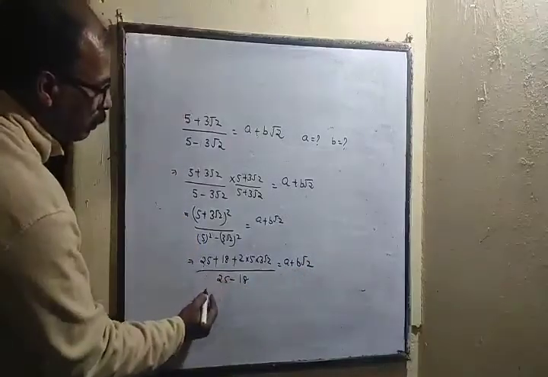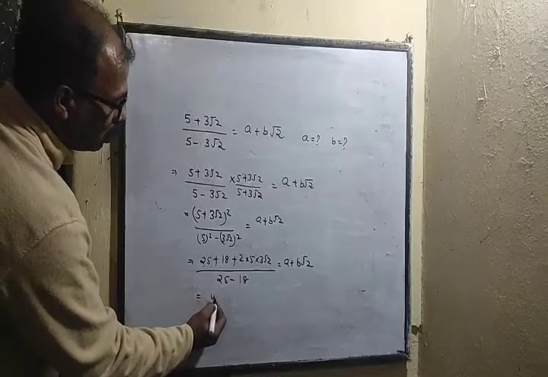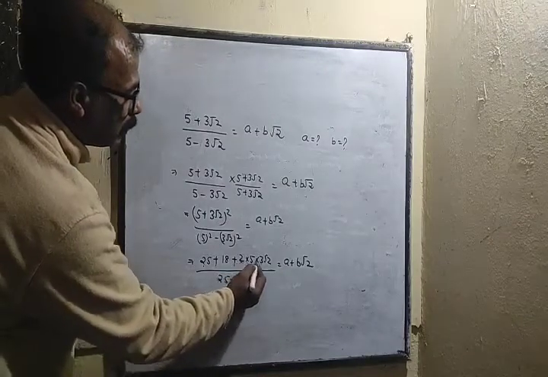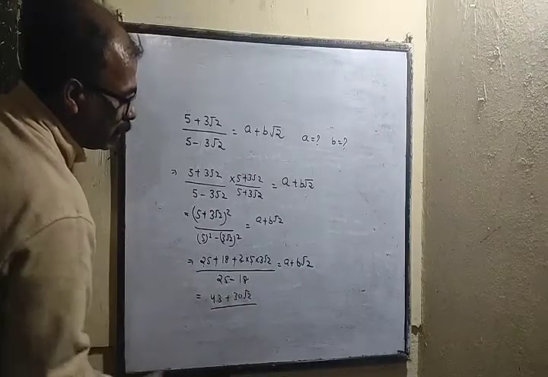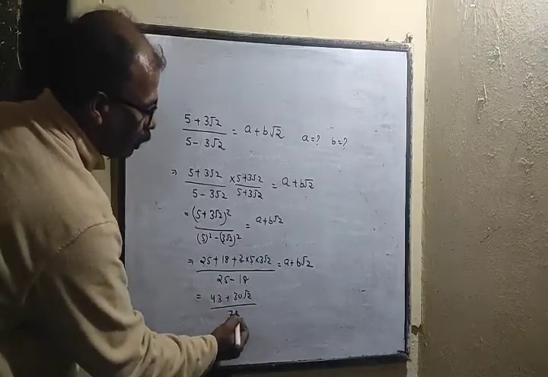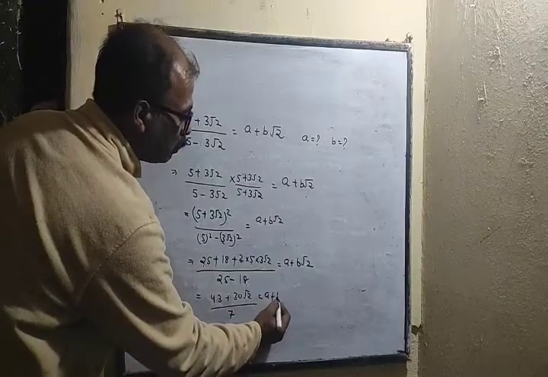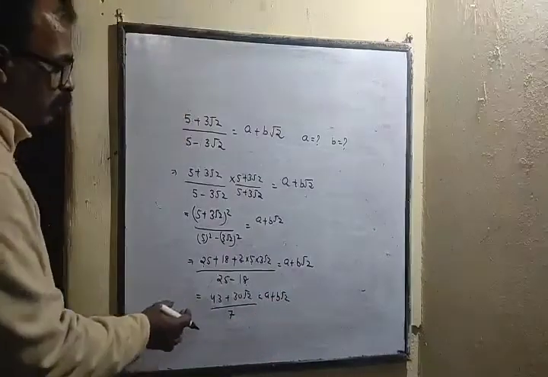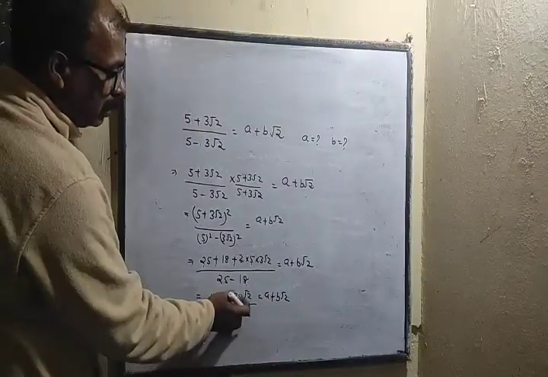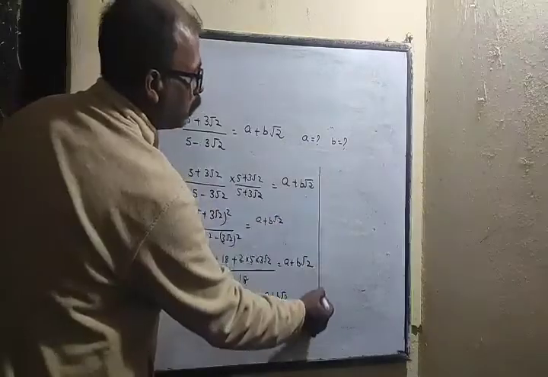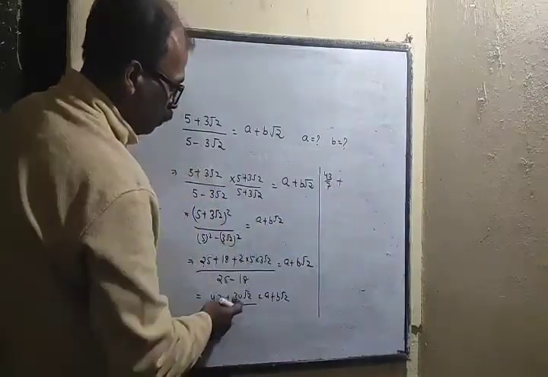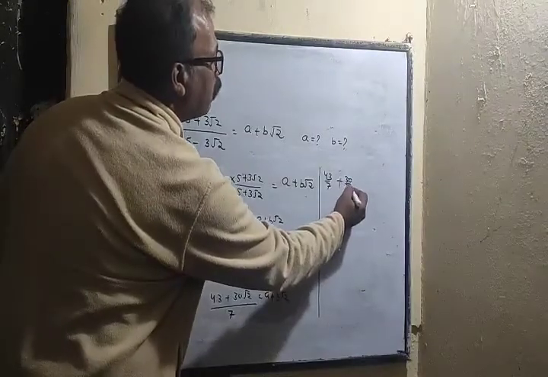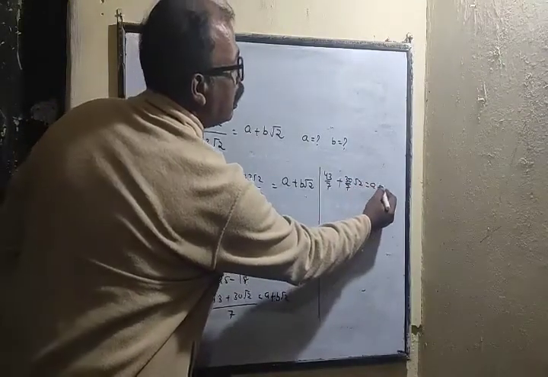Now 25 plus 18 is 43, plus 2 into 5 into 3 is 30 root 2. 25 minus 18 is 7, that is equal to a plus b root 2. Now what you do? 43 divided by 7 and 30 root 2 also divided by 7. So it will be 43 by 7 plus 30 by 7 root 2, that is equal to a plus b root 2.